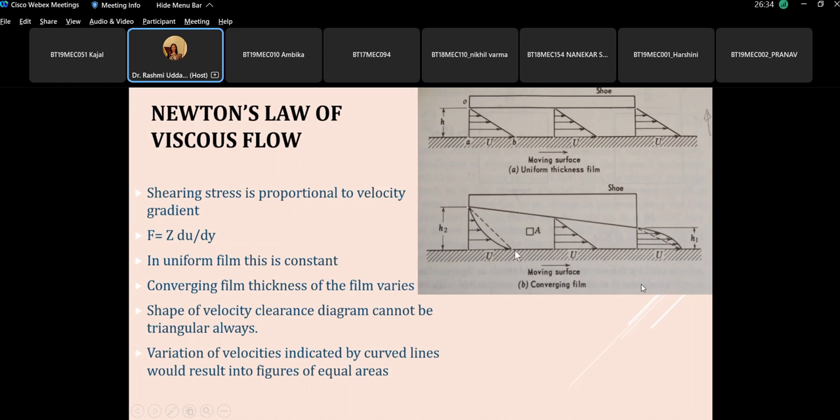Whatever is the area under this curve, same is the area under this curve, and same is the area under this curve. Hence here you are seeing the variation in the curve. So this is what happens in the converging film, and when a journal is rotating, we'll see how a converging film is formed.